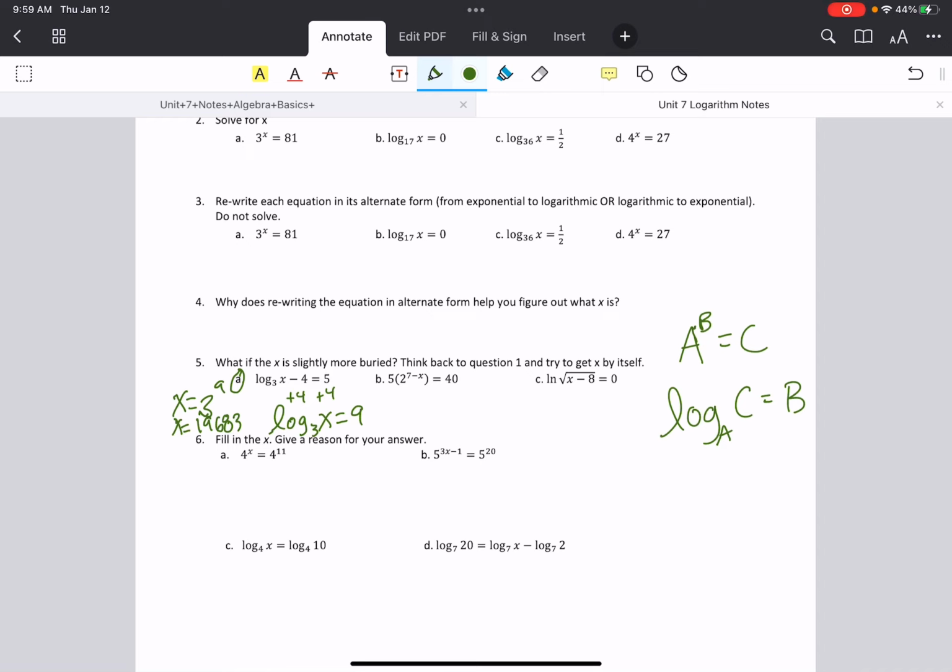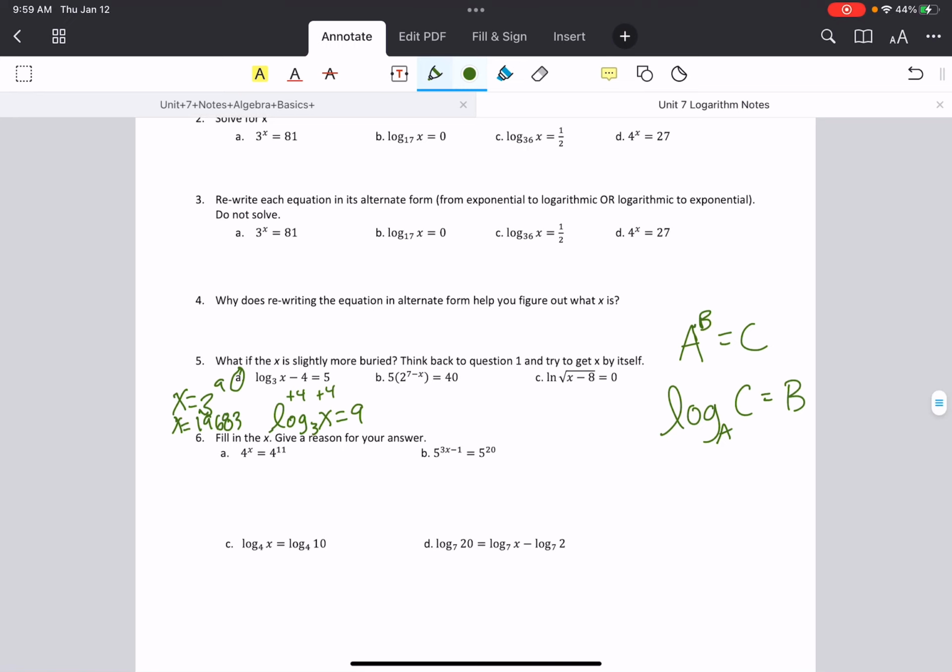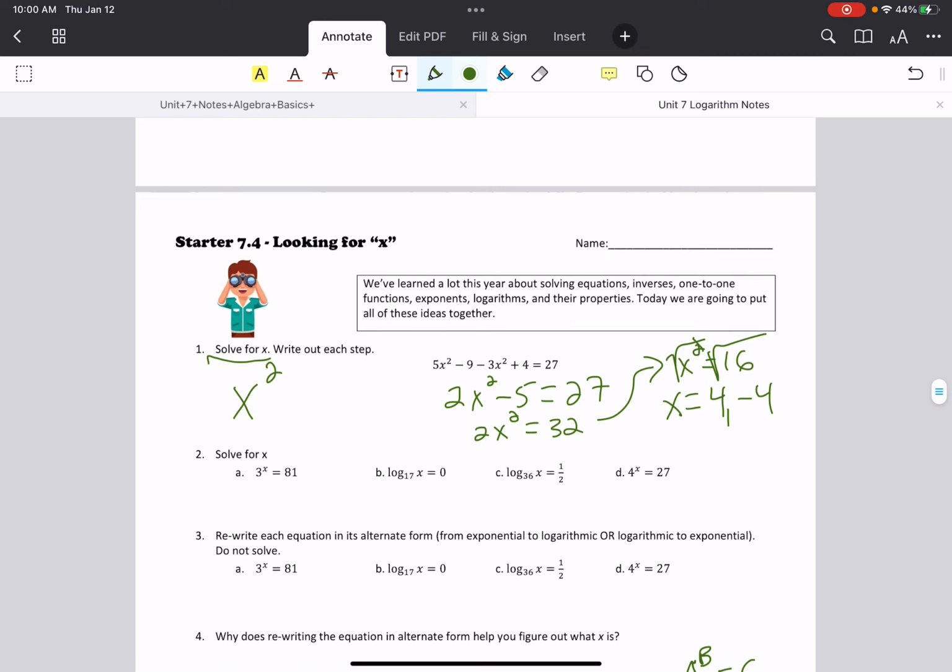What should I do to get rid of what's happening to the x on B? Good, divide by 5. So 2 to the 7 minus x equals 8. Can't divide by 2 because now the x is stuck to that. But just like what I did up here, where I have to get the weird thing happening to the x by itself before I can get x by itself, right?